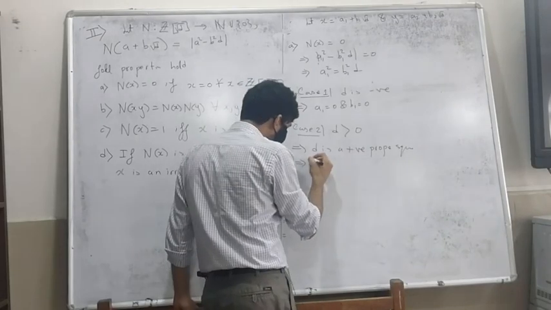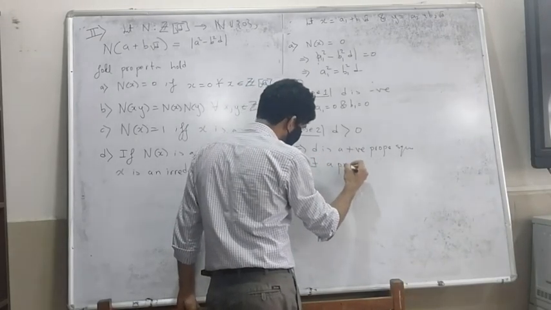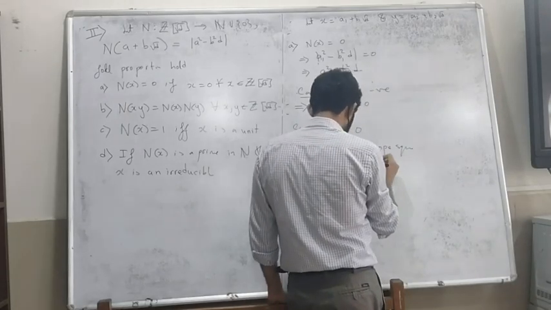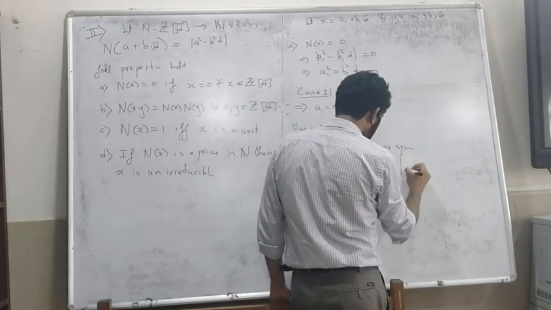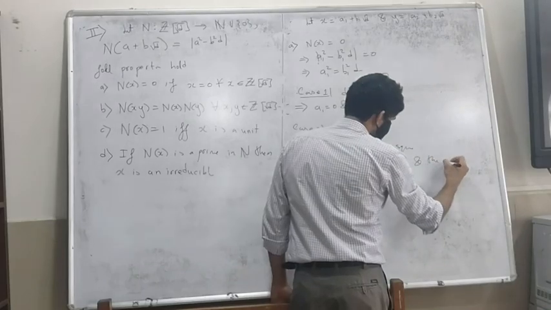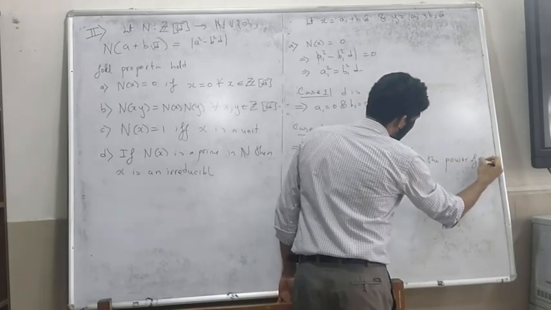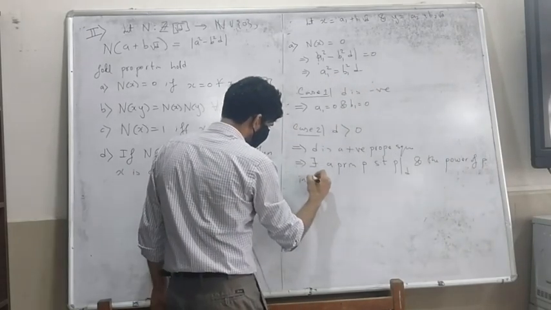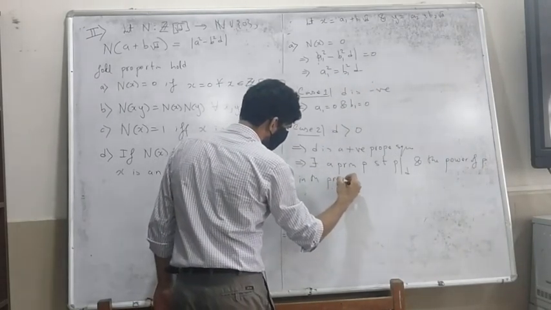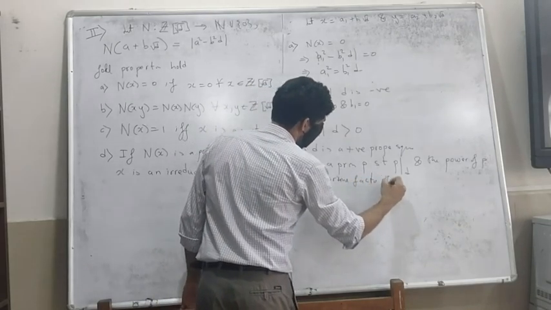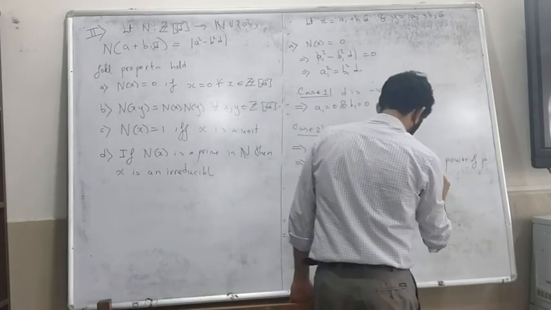So this will mean that there exists a prime p such that p divides d and the power of p in the prime factorization of d is odd.